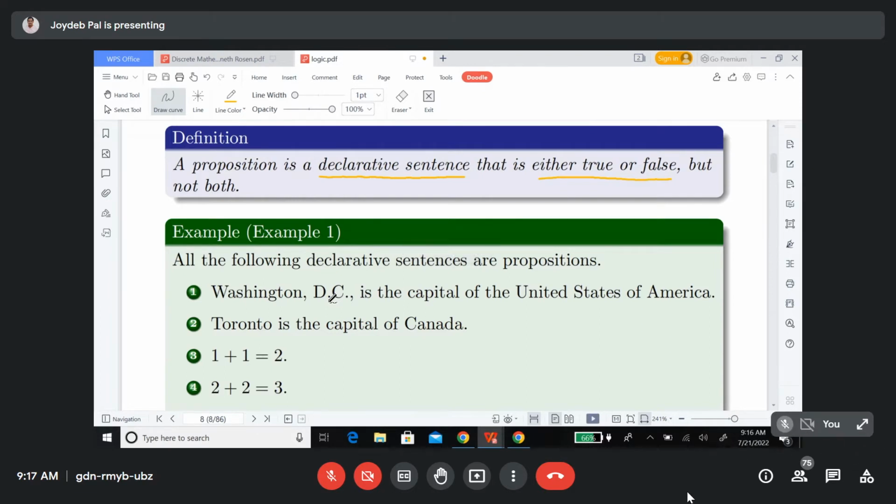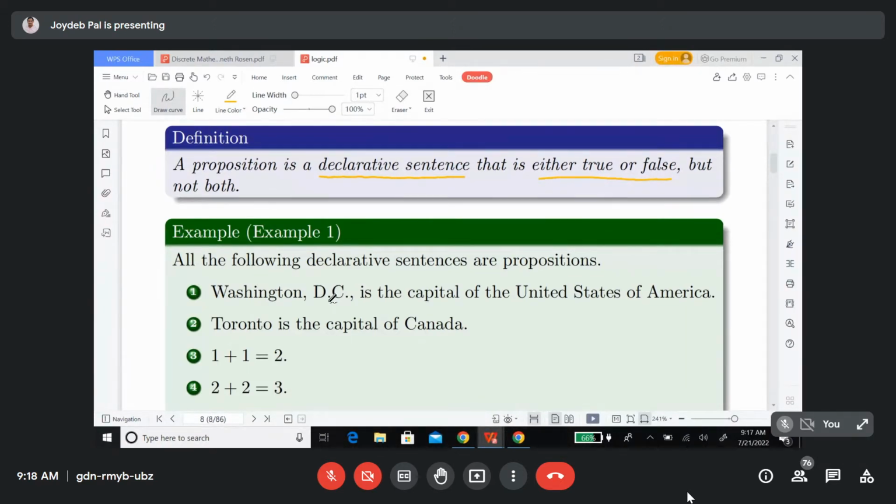Yes, sir, because it is giving a conclusion that 1 plus 1 is equal to 2. It is declaring something, so it is declarative, and all of you know that it is true. So number 3 is a proposition.